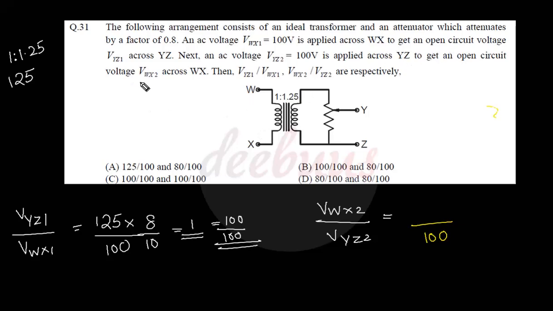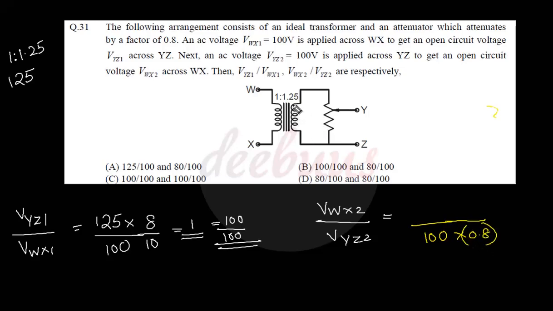To get an open circuit voltage VWX2 across WX. So it is just the reverse of the first case. So here first we face an attenuator, but the signal is applied from right to left. So it gets amplified by 0.8 inverse, right? So 0.8 inverse, or denominator side I am marking it as 0.8.